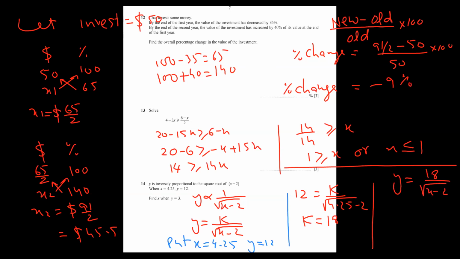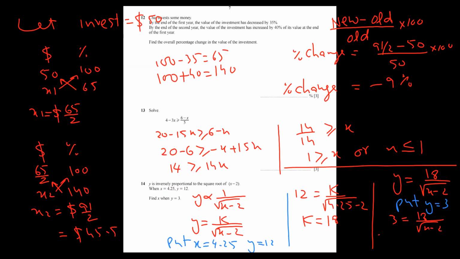Now, what is the question asking? Find x when y is 3. So I'm going to put here y value is equal to 3. When I put y value 3 here, 3 is equal to 18 over root of x minus 2. Root of x minus 2 multiplies with that.